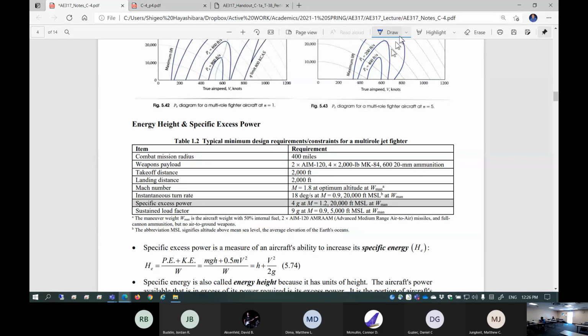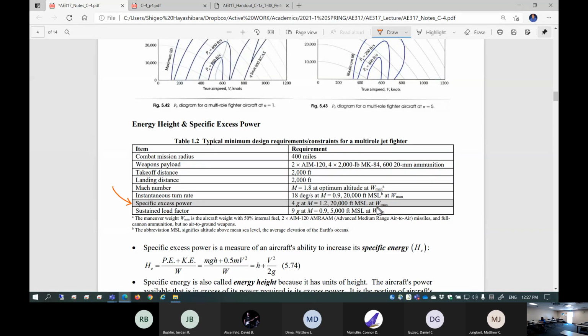Even before you begin your design process, specific excess power is required: 4G at Mach number 1.2, 20,000 feet mean sea level at the W_man. What's W_man? W_man is the aircraft weight with 50% internal fuel, 2 AIM-120 AMRAAM advanced medium range air-to-air missiles, and the full cannon ammunition, but no air-to-ground weapons.